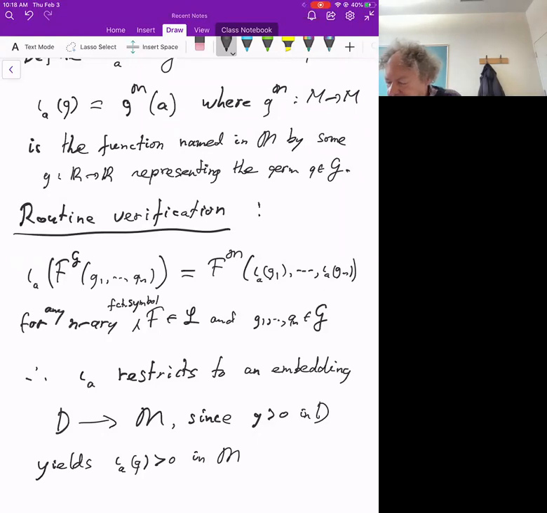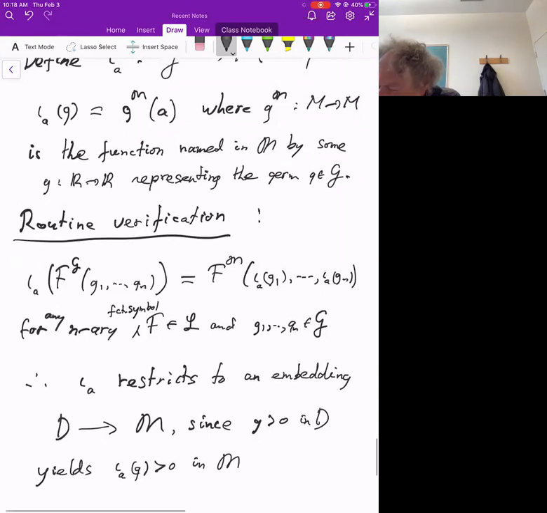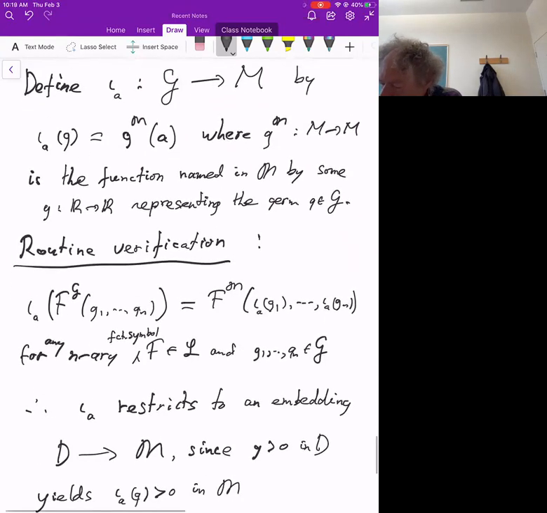Why is that true? Well, remember, G is a germ, but it's represented by a function from R to R, which is ultimately positive, right? But if G from R to R is ultimately positive, that means that if you take G superscript M, the corresponding function from M to M, it will be positive for all arguments that are bigger than all real numbers.